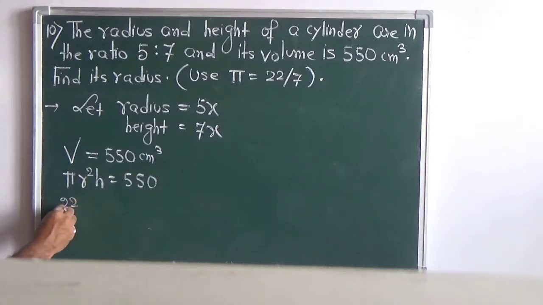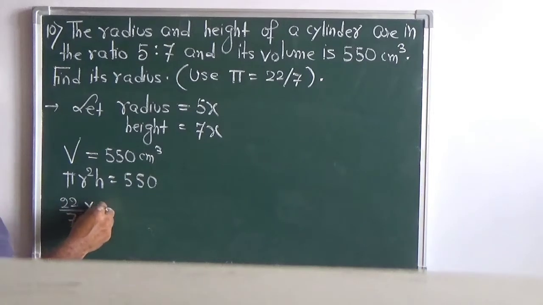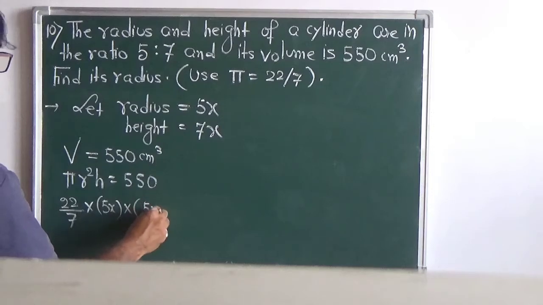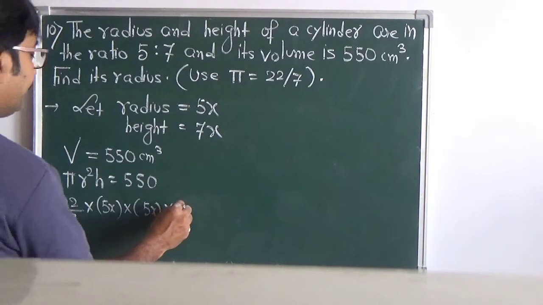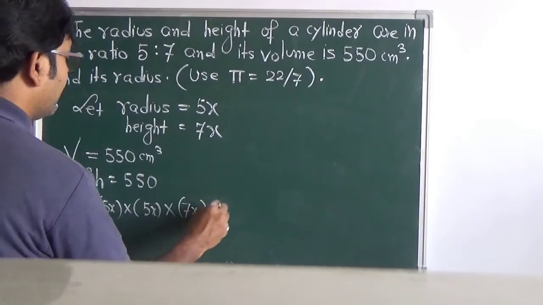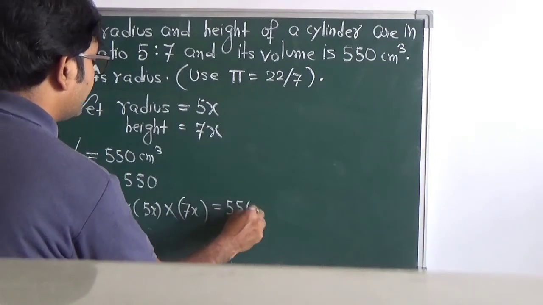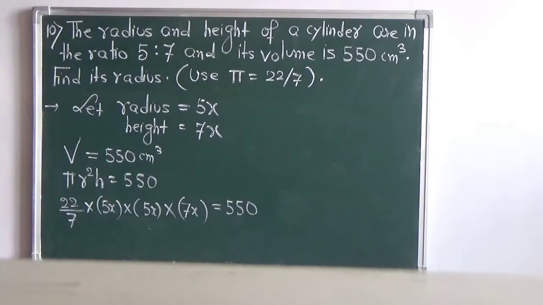So this is 22 by 7 multiplied by 5x into 5x. Height is 7x, and that comes to 550. So we need to solve this.